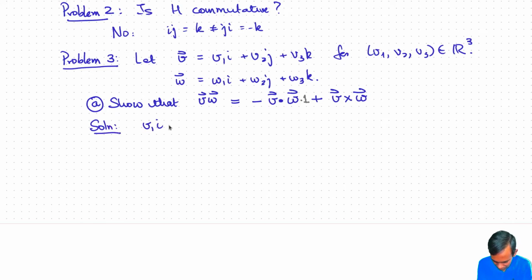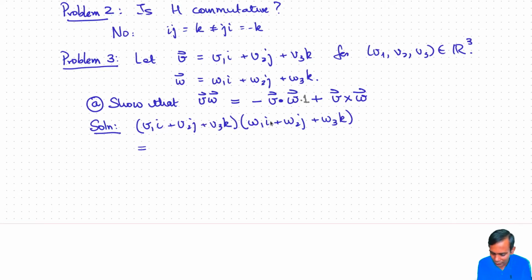So we have v1 times i plus v2 times j plus v3 times k, multiplied by w1 times i plus w2 times j plus w3 times k. Now let's look at the terms where we take the same term: the first term in the first factor and the first term in the second factor, the second term in each, and the third term in each.